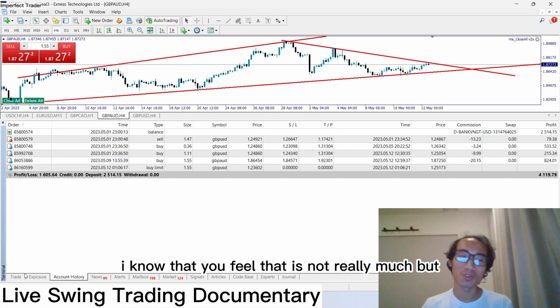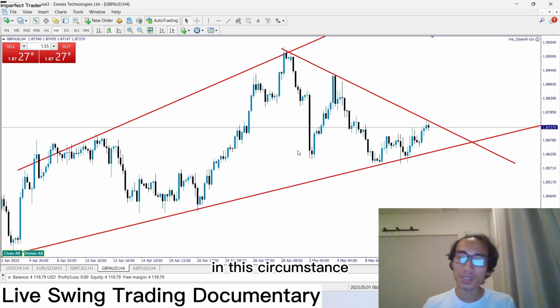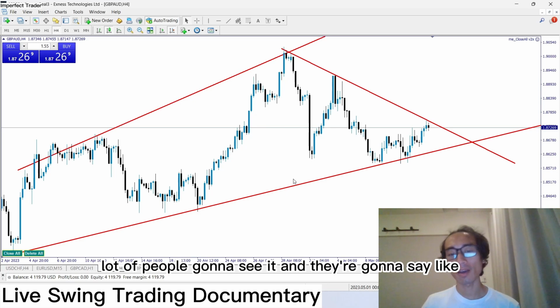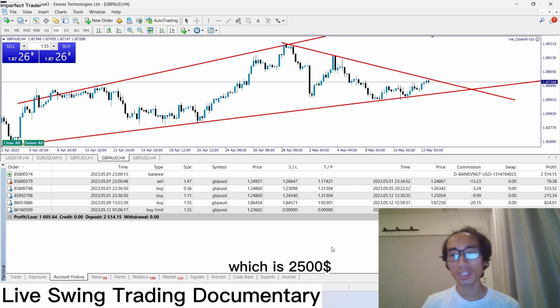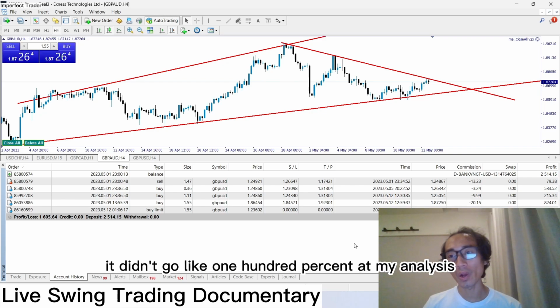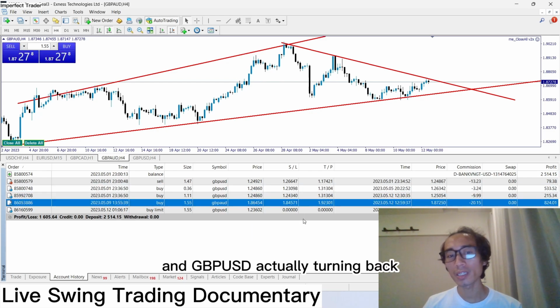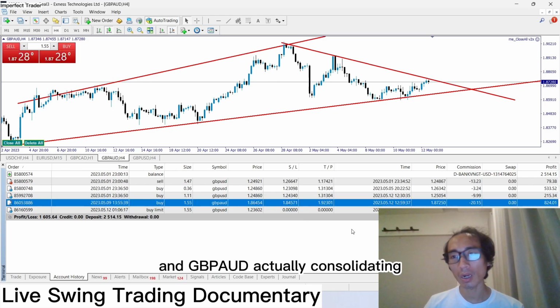Yeah, I know you feel like it's not really much, but in this circumstance, a lot of people are gonna see it and say I didn't even get 1 hour, which is 2,500. But in this circumstance, this trade didn't go 100% according to my analysis, and GBP USD actually turned back, and GBP AUD is actually consolidating.